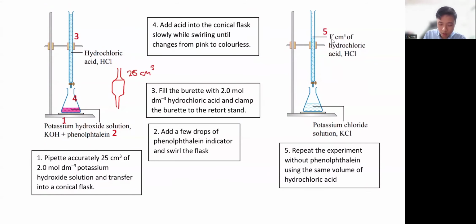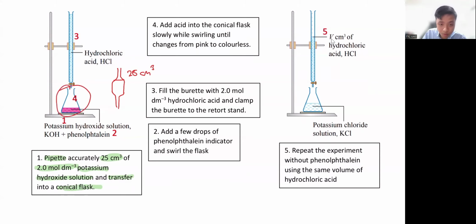Now in exam you have to mention pipette what? Pipette 25 cm cube of 2.0 mol per dm cube. You have to mention the concentration and also the volume. Don't forget. Otherwise they will say, oh, no concentration, no volume, it's wrong. So you pipette the potassium hydroxide solution, then you transfer into a conical flask.